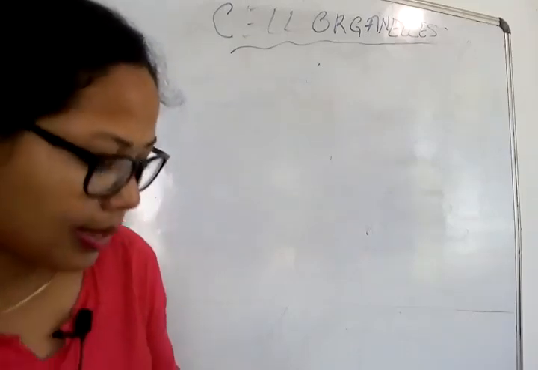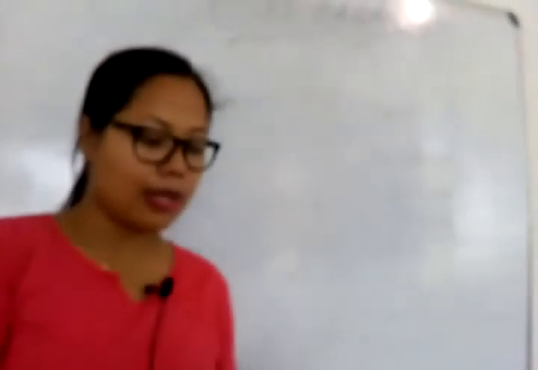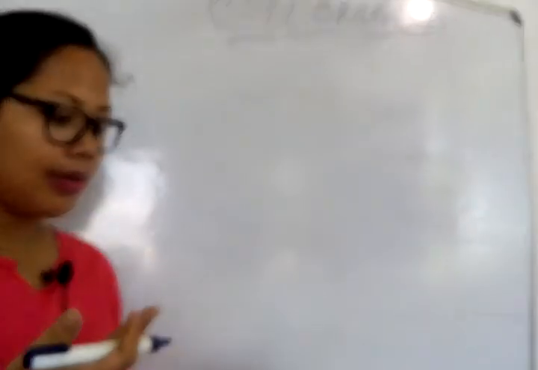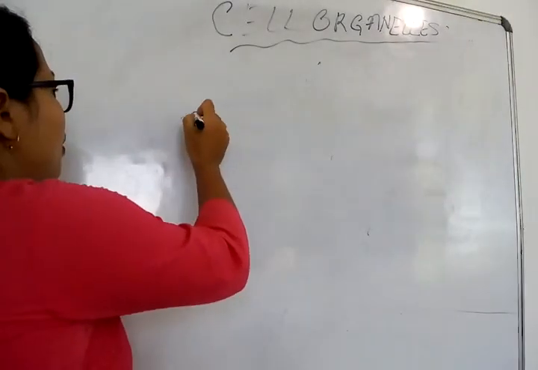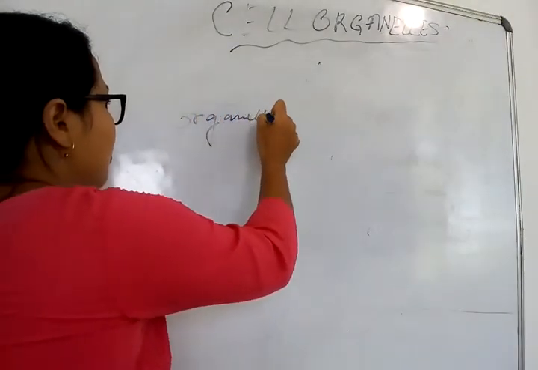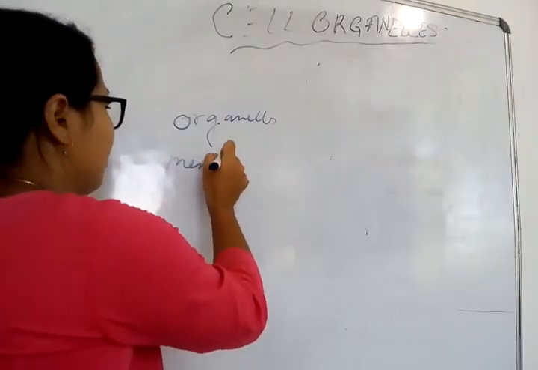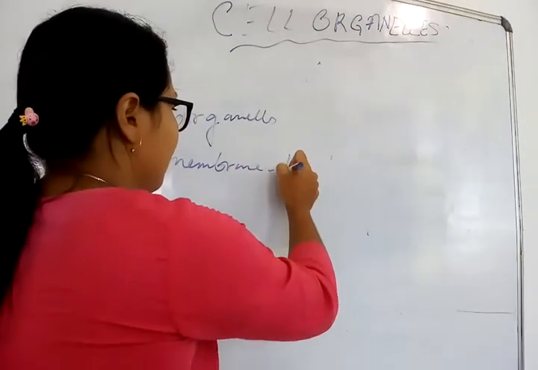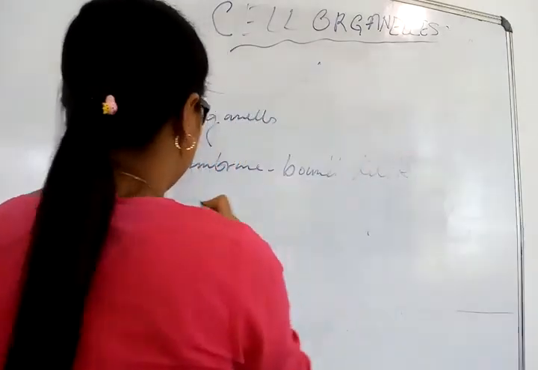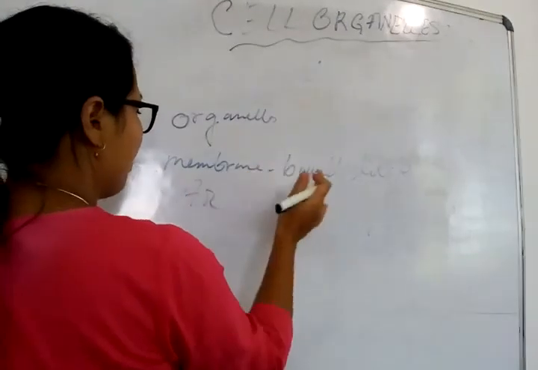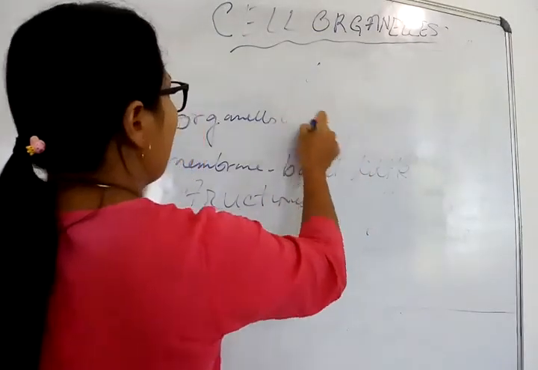So now, how do they separate from each other? We know by now that they separate from each other by membrane-bound little structures, or say organelles.